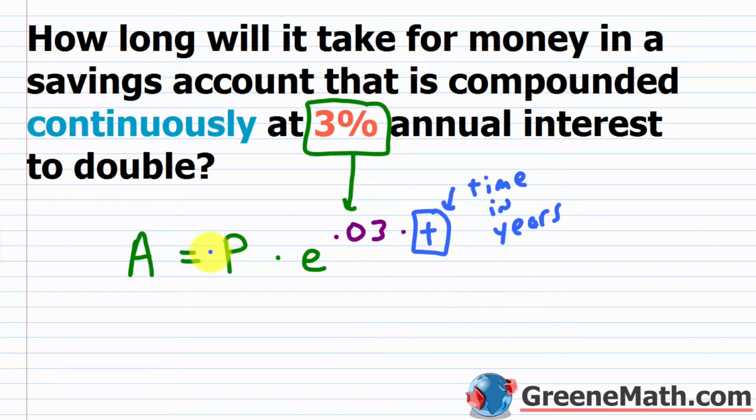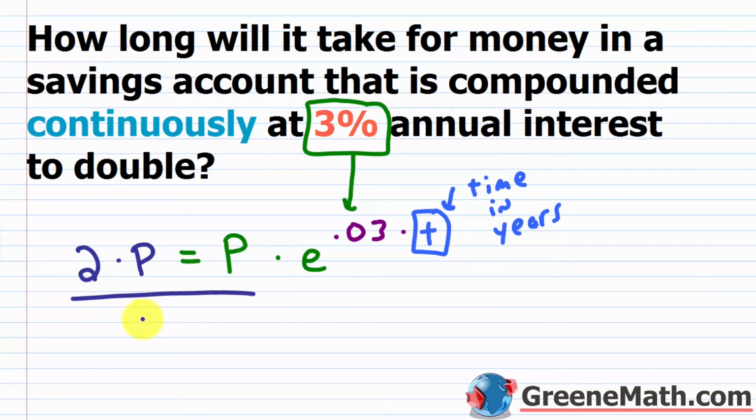And in order to get A and P to behave in this problem, you really have to think about writing A in terms of P, okay? So again, you're trying to double your money. So whatever you put in for P, you're going to have double that for A when this happens. So this is going to be 2 times whatever P is. So once you realize that, once you get past that roadblock, the rest of this is super easy.